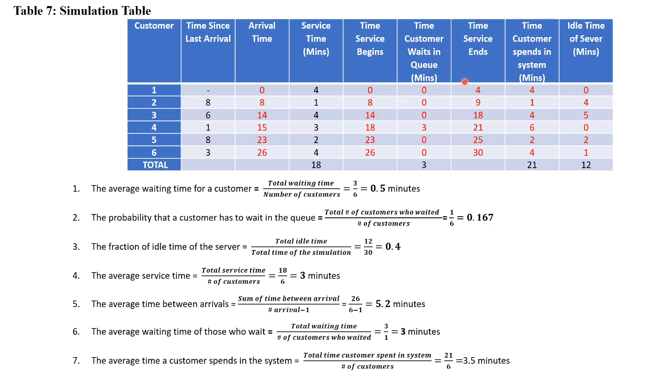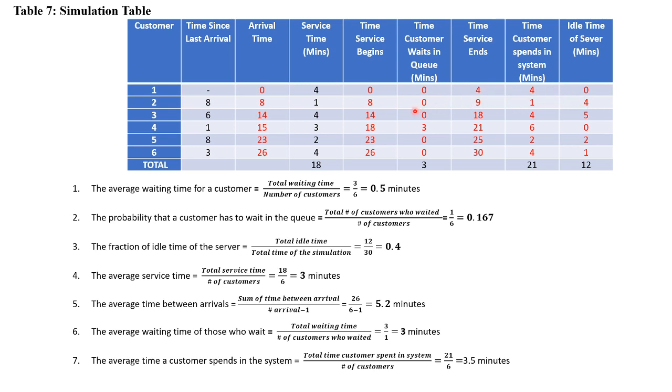The service ends at time 4, and customer 1 is gone, so the server has to sit and wait, idle, for 4 minutes before customer 2 arrives, because the arrival time for customer 2 is 8 minutes, but customer 1 is gone at 4 minutes. So when customer 2 arrives, the server has been idle for 4 minutes.